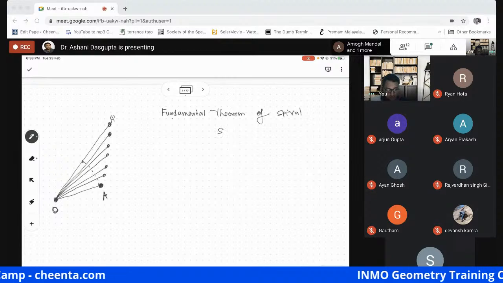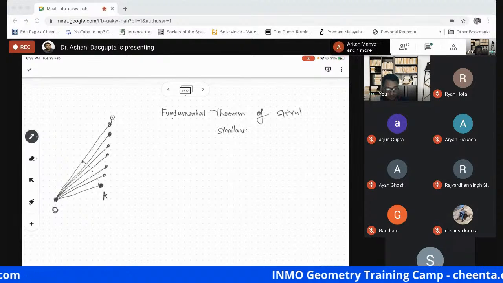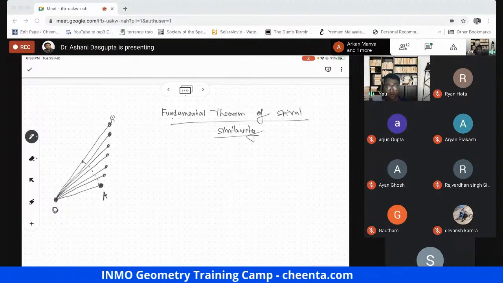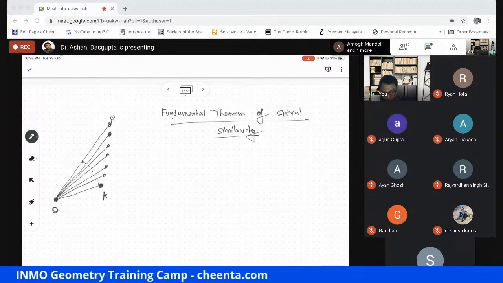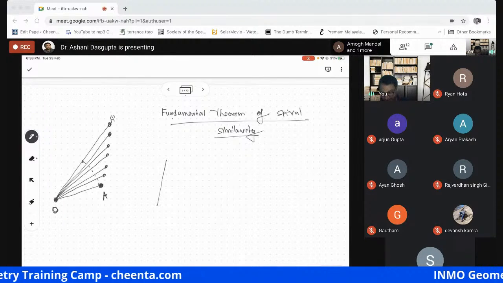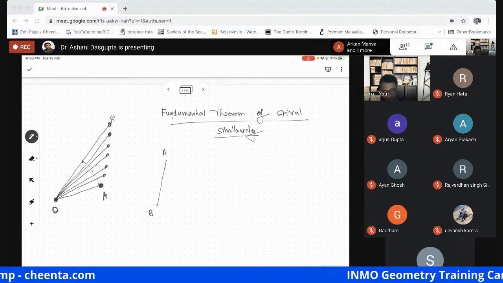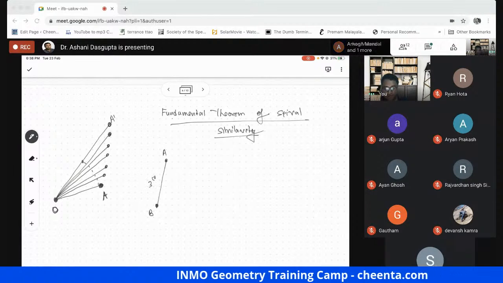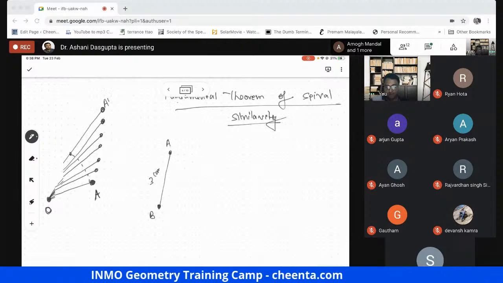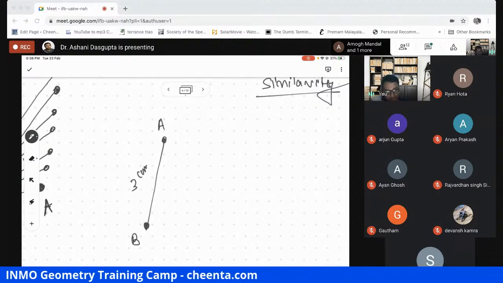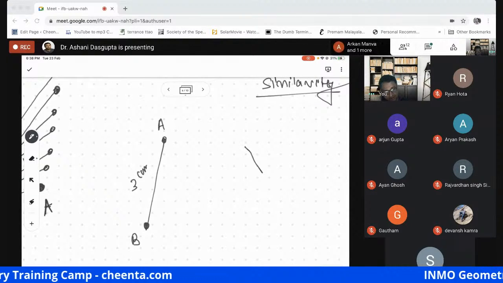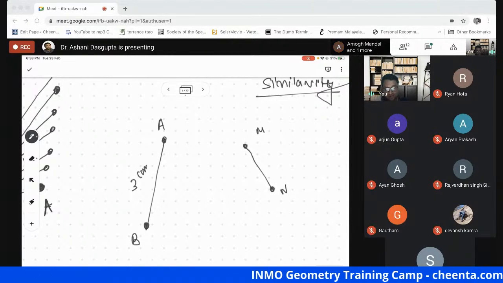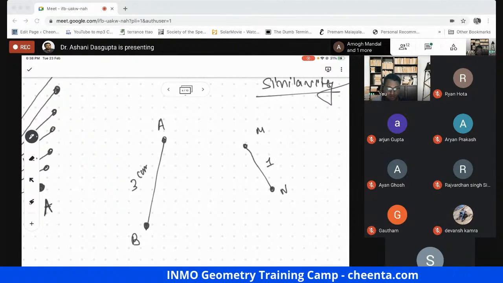So what you're going to do is show that if you take a segment AB, let's say AB is 3 centimeters maybe, and you have another segment, let's say like this, MN, let's say this is, I don't know, 1 centimeter.